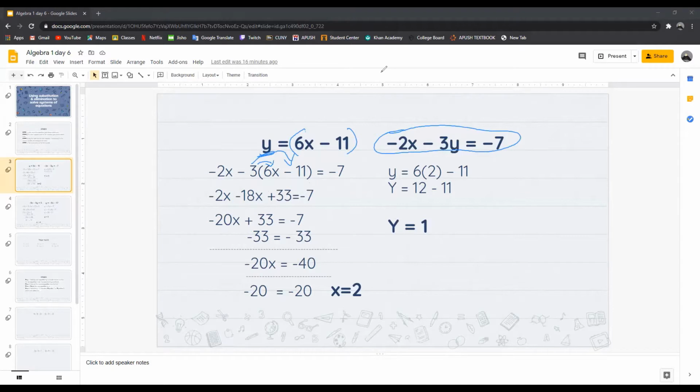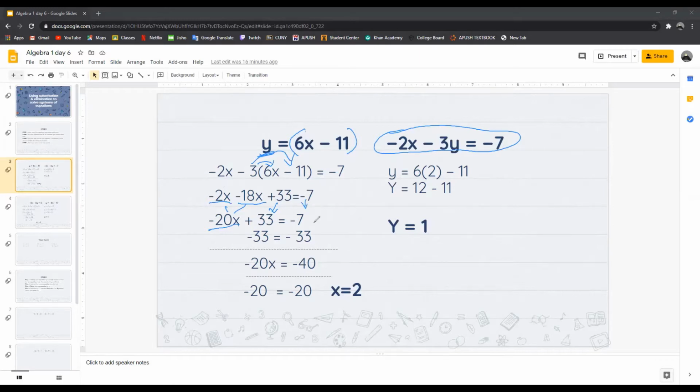And then next you would have to figure out your similar terms, which in this case would be -2x and -18x, and you would combine these two and you end up getting -20x, and then you would bring -7 and 33 down as well.